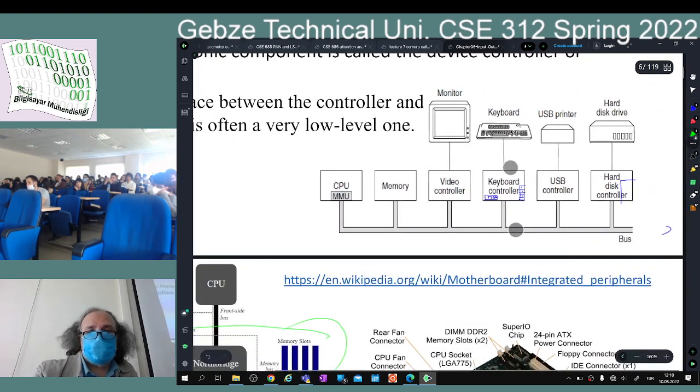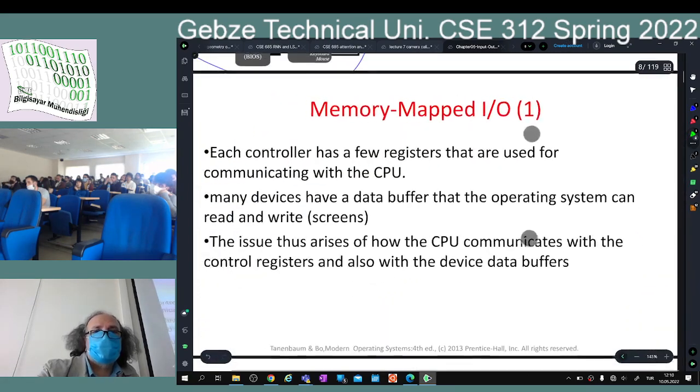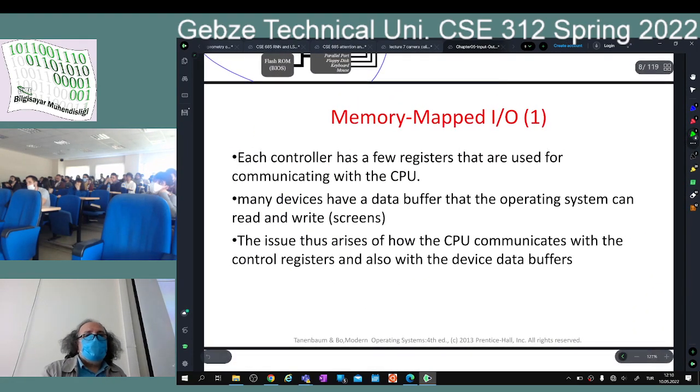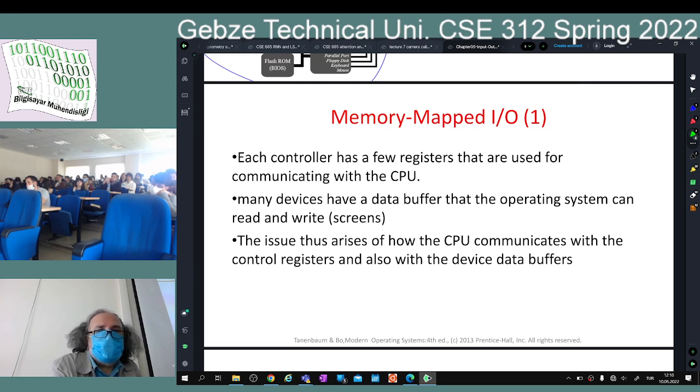Maybe you know about this from your hardware courses. Each controller, as I said, has a few registers, or sometimes many registers that are used for communicating. I need to write to those registers, and I read from registers.